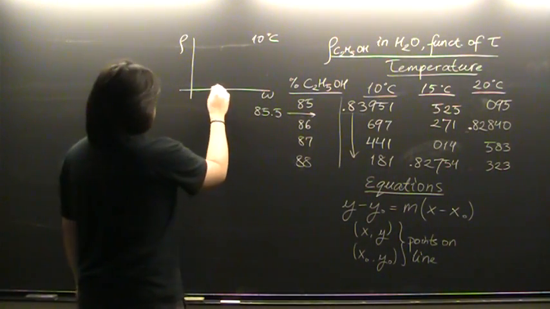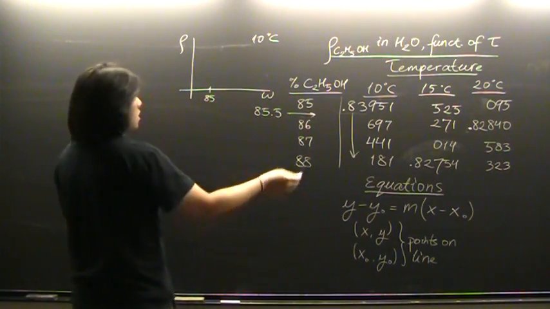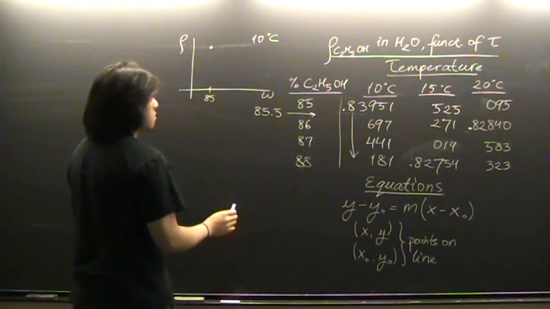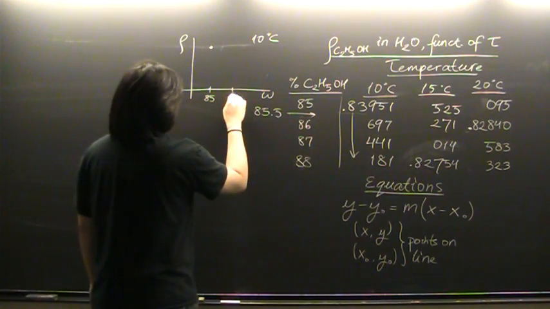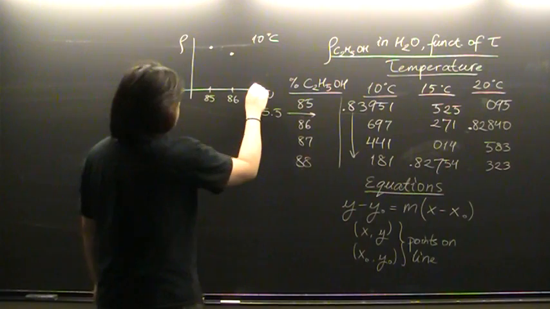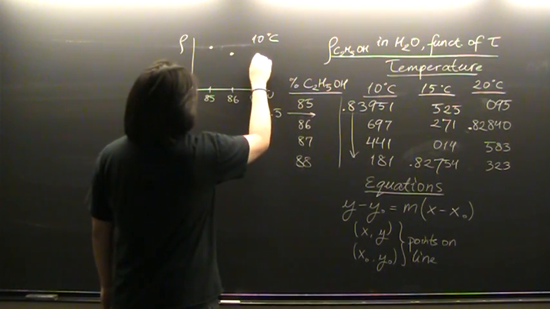So at 85, you're going to have some specific gravity as specified here. At 86, another one. It's going to be a little bit lower. At 87, another one, and it's going to be a little bit lower than that.